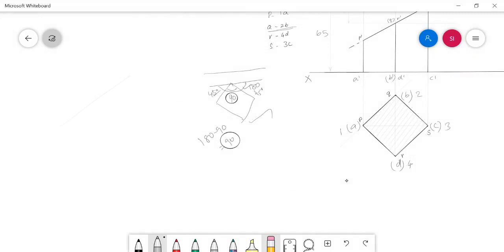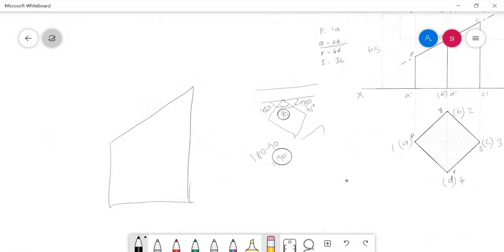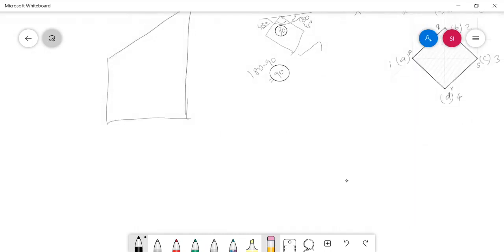Whenever you are seeing that particular surface perpendicular to it, then only you can see the original shape of the surface.